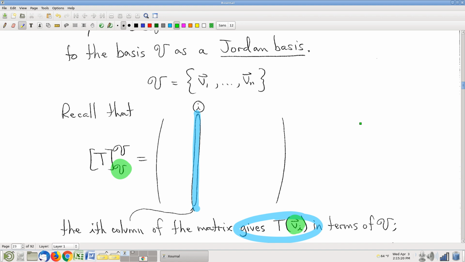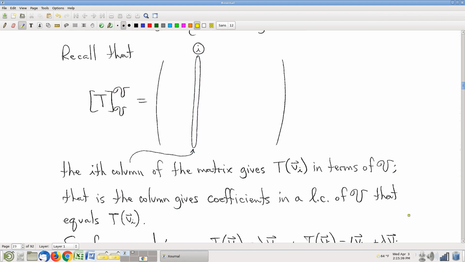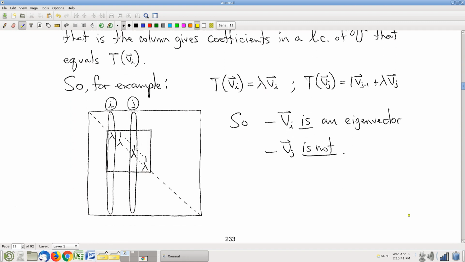Of course, don't forget, those are expressed in the language of the output basis. Nevertheless, the columns are telling you, loosely speaking, about the images of the basis vectors. All right, so let's look at how that actually plays out for some specific columns.